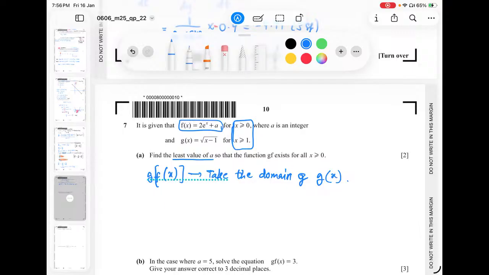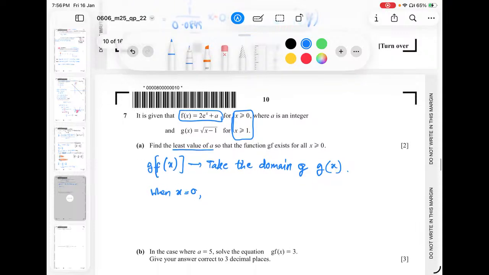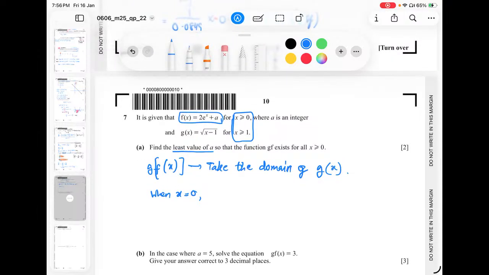So when x is equal to 0 for f(x), g(x) should be greater than or equal to 1. So g(x) should be equal to 1. So basically that gives you 2e^0 + a equals 1. So the least value of a should be negative 1.